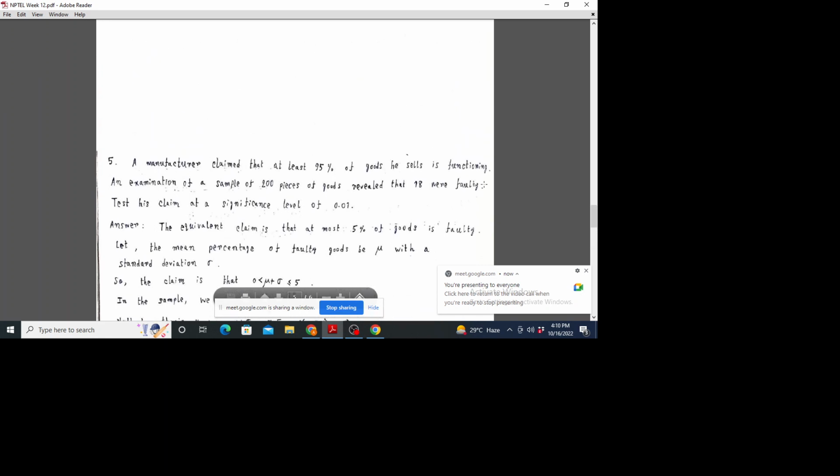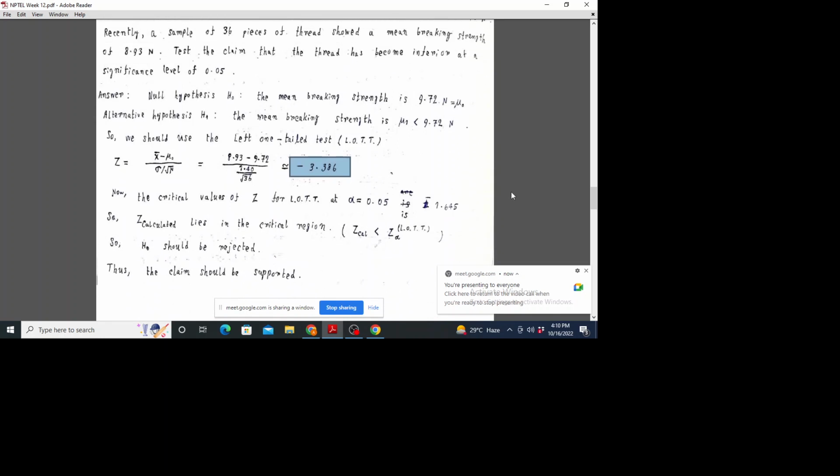Sir, about the previous question, the last line: the claim should be supported, that the thread is inferior. Yes. So you see, H0 should be rejected. So what was H0? H0 was this.